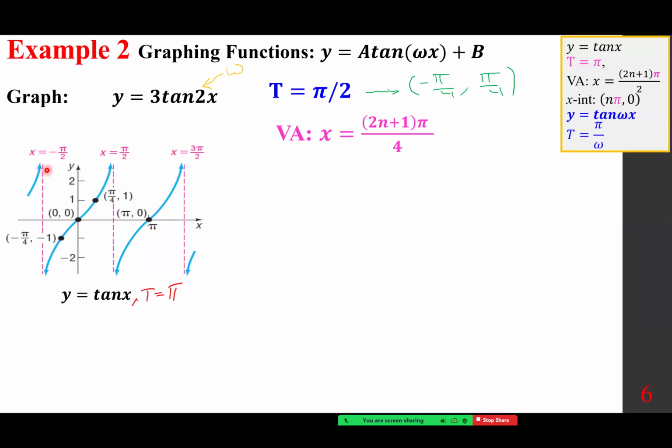So you go from negative pi over 2 to pi over 2. I don't use brackets because the endpoints are not included. That's one complete cycle, everybody. In this case, it goes from negative pi over 4 to pi over 4. That's the first thing we should notice.